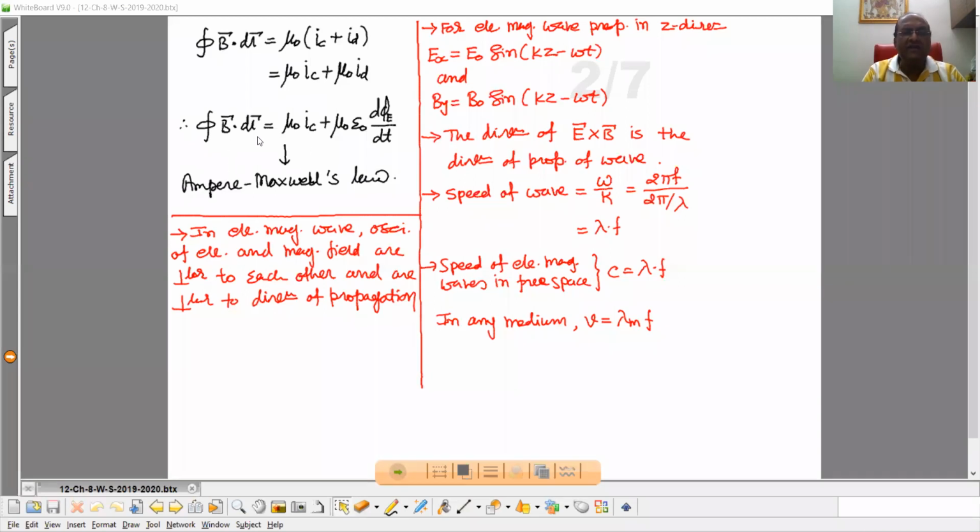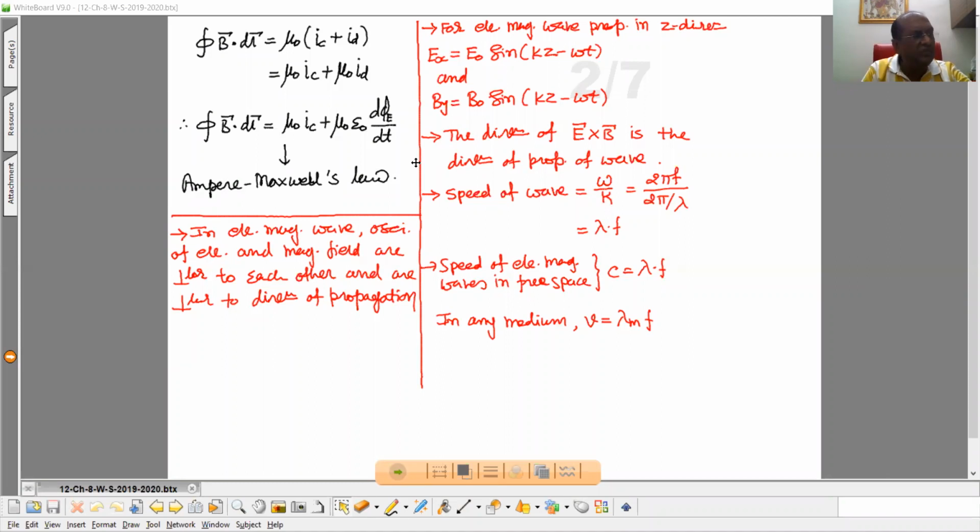So integration B dot dl is mu 0 IC plus mu 0 epsilon 0 d phi by dt. And this particular equation is called Ampere-Maxwell's law.